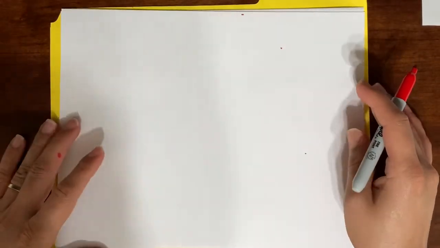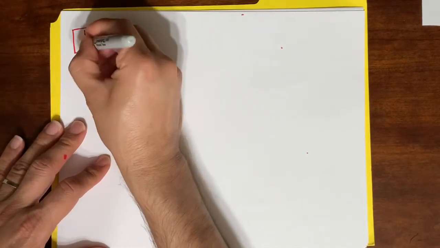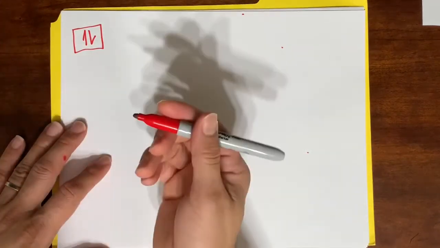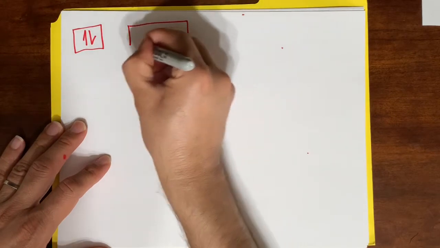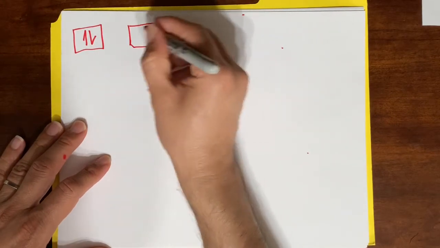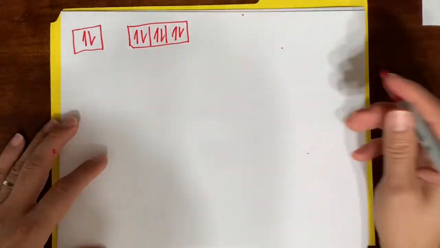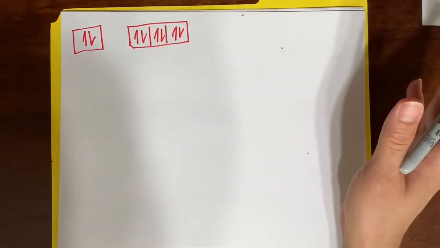In quantum mechanics, if you have an orbital that is full, or let's say here a p orbital, we say this orbital is stable because it's completely full.